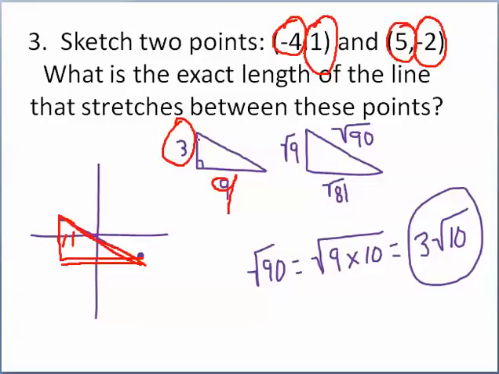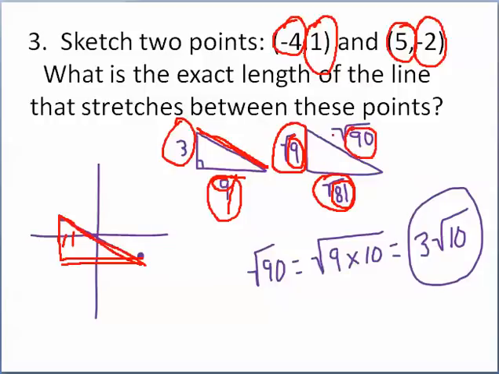If I then want to know what the length of my hypotenuse is here, I can rewrite the number 3 under the square root sign. 3 and the square root of 9 are exactly the same number. They live at the same place on the number line. And then 9, written under the square root sign, is square root of 81. Adding the number 9 to the number 81 gives me 90.